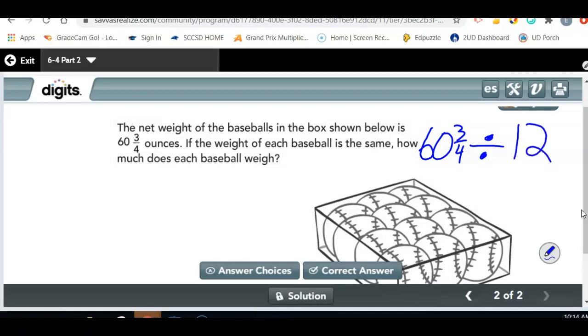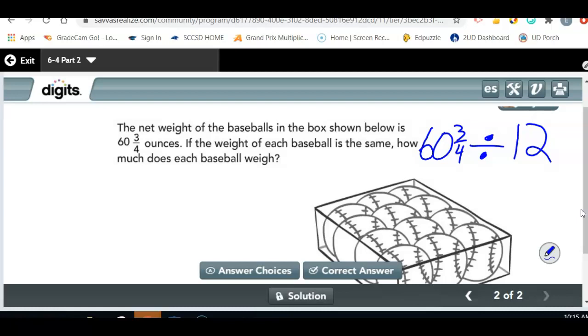Can someone tell me why we divide by 12? Why is it 12? Parker? Good, that's how many total balls are in the box. 12 balls weigh how much? Lincoln? Yeah, 60 3/4. So we take the total weight divided by the total number of balls. That's going to equal how much one ball weighs.